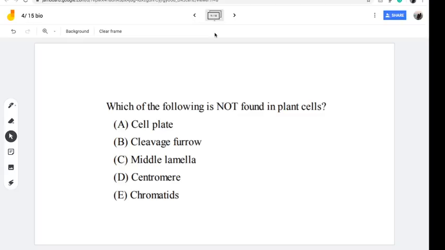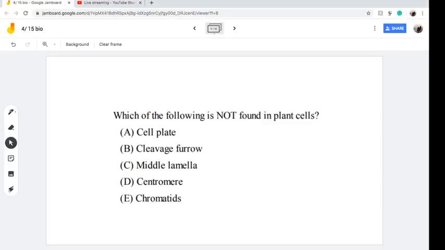This question asks which of the following is not found in plant cells. So look at the answer choices. I'll give you guys a couple of seconds. So if you look at the answer choices, we can immediately cross out the middle lamella and the cell plate, since this specifically forms during cytokinesis of a plant cell, not an animal cell.